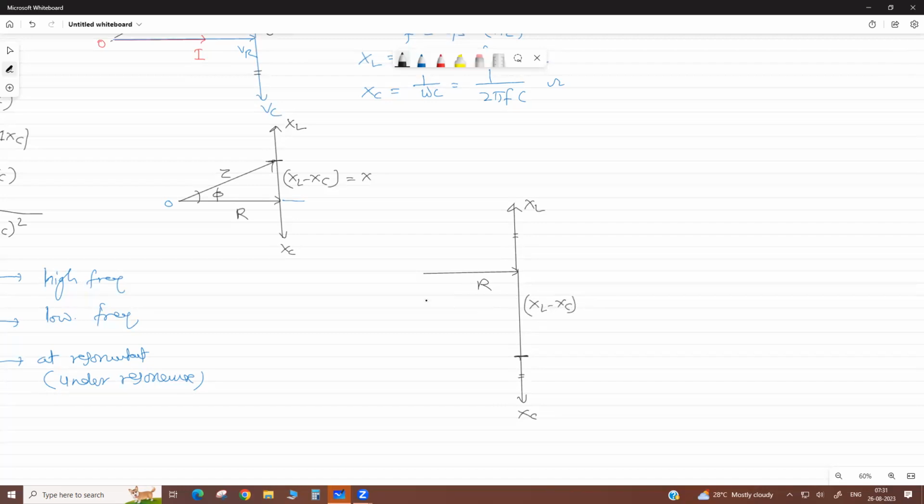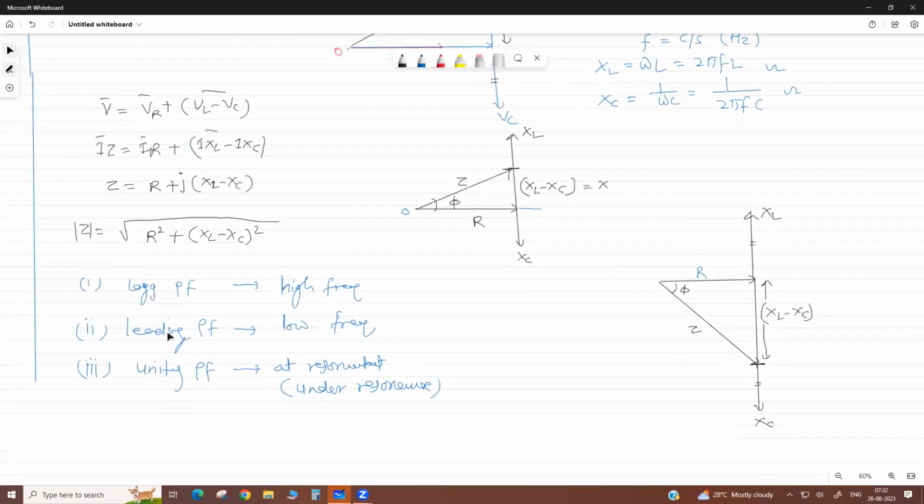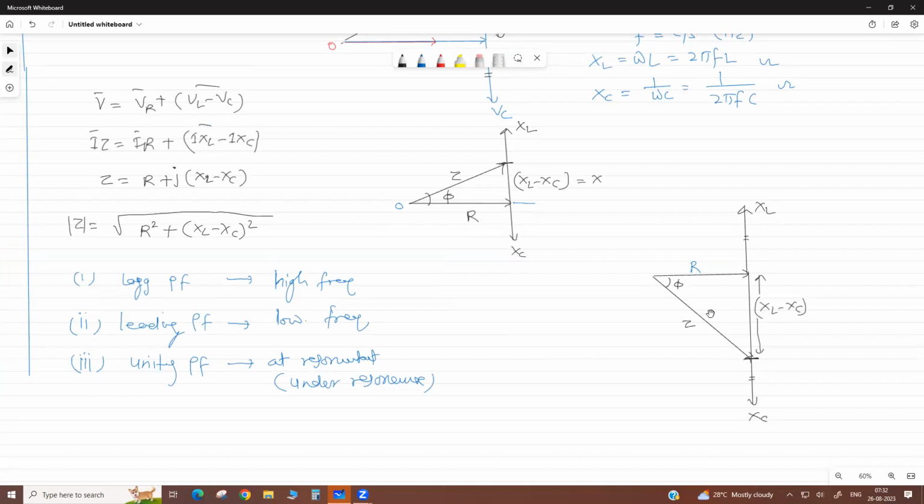This value is high. Then this is your Z total. Now the angle is negative. Here the angle is positive. This clockwise direction is negative angle. It means the power factor is leading power factor. Okay, in this case.